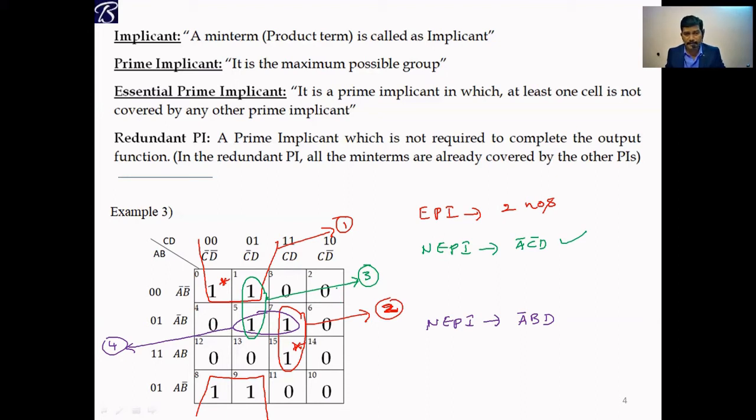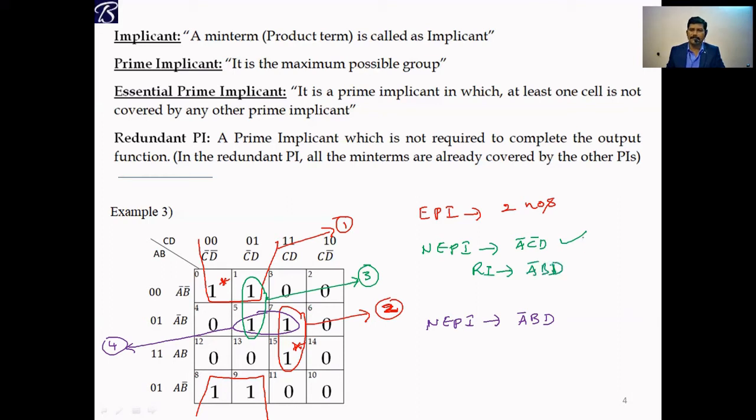What are the redundant prime implicants? How many redundant prime implicants are there in this, right? See, if you take a green color group to complete the output function, then this fourth one becomes redundant. Here redundant is the fourth one, that is A bar BD.